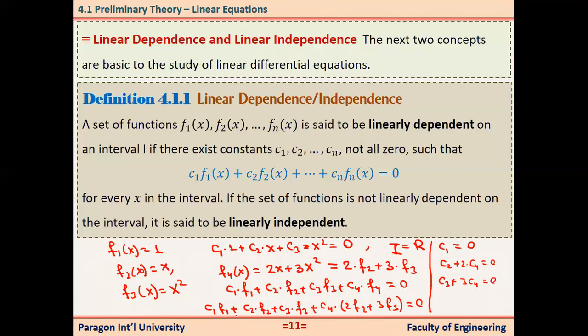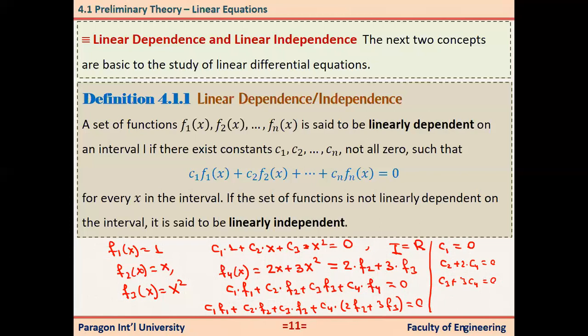Because we know that F1, F2 and F3, these functions are linearly independent, the only way the linear combination is identically equal to 0 is when the coefficients are all equal to 0, because we have no other possibility here.